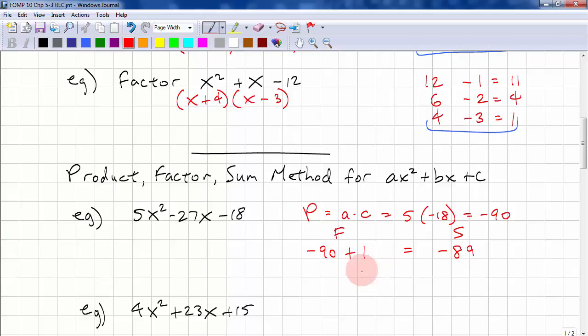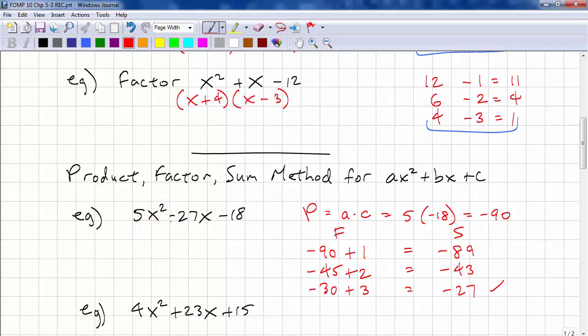So let's increase this to 2. This is negative 45 plus 2. And that gives us negative 43. Next, we increase and we get 3. And this is negative 30. And we get negative 27. That's good. We can stop because that matches b.